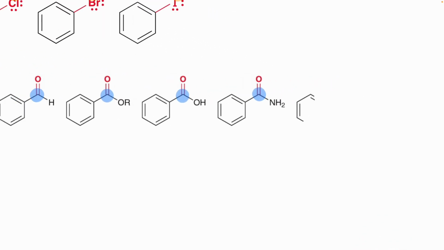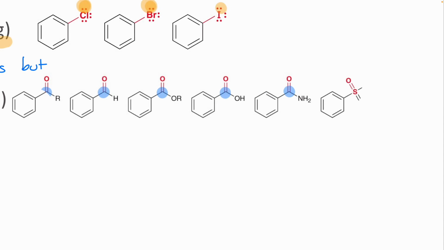Two more to note here. That sulfonic acid group is also an electron withdrawing group. You can also draw resonance structures, same as you can with carbonyl groups, to pull electron density away from that ring, as well as what are called nitrile groups, carbon-nitrogen triple bonds.